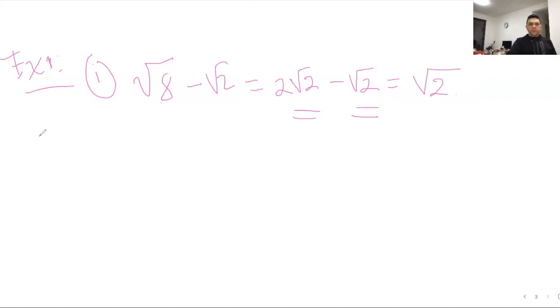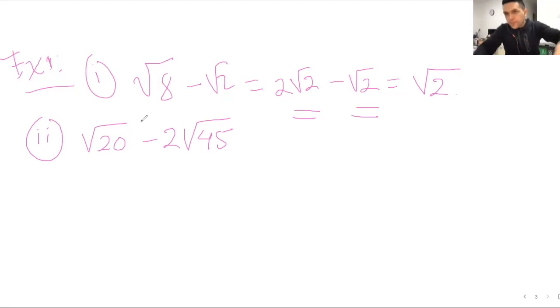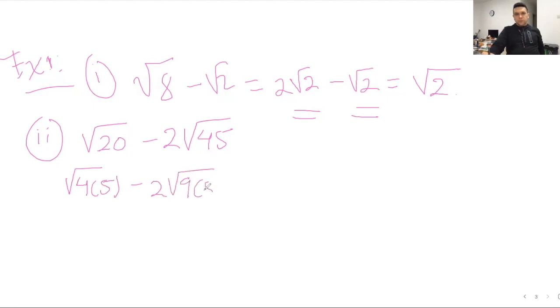Simple, right? Number 2, we have the square root of 20 minus 2 times the square root of 45. Again, we have to simplify this, and the goal is to write everything with the same surd. I think I'm going to have a square root of 5. So it'll be the square root of 4 times 5 minus 2 times the square root of 9 times 5.